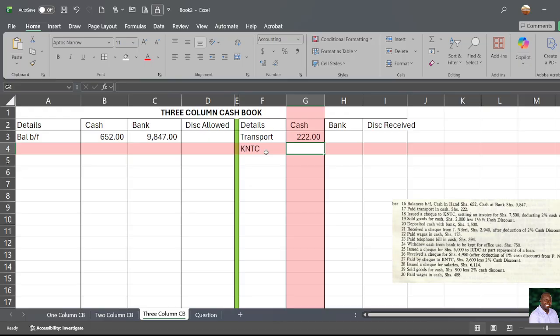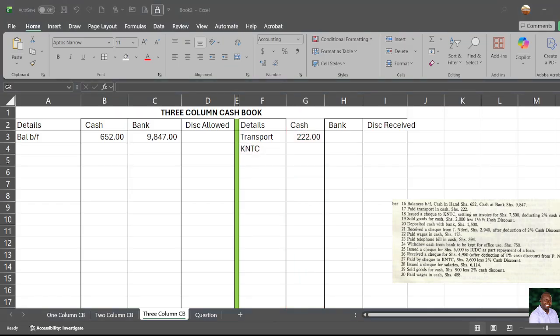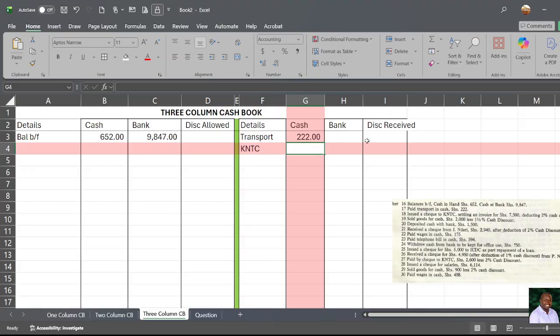This is where the beauty of the thing lies. They are settling an invoice of this amount, but they are deducting 2%. So when you look at it, that means they will not pay the entire amount of money, and they settled it.